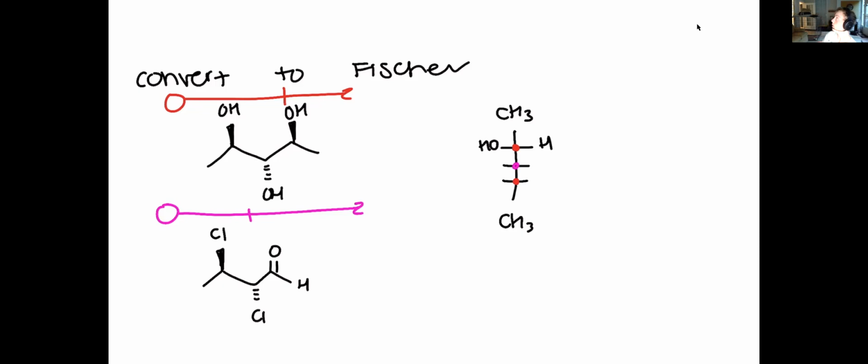We're underneath. We are looking up. Before we change that point of view, let's put our OH going into the plane. And then we go underneath. We're looking up. What was coming into the plane is on our left. And that means that there is a hydrogen on the right.